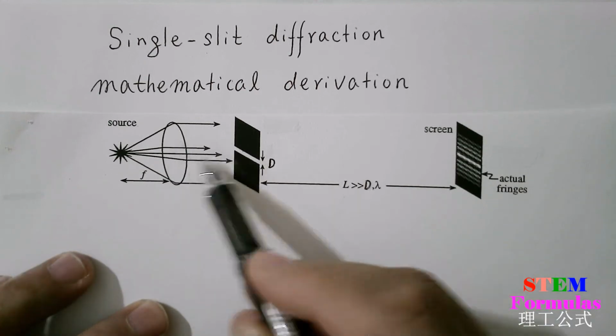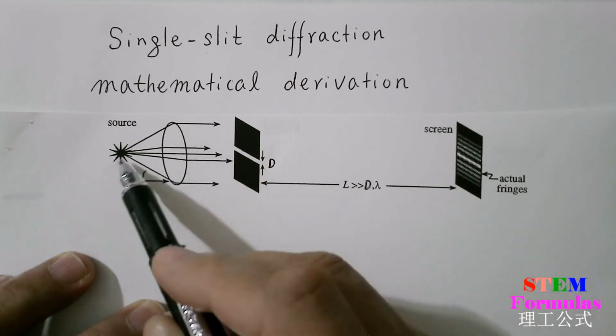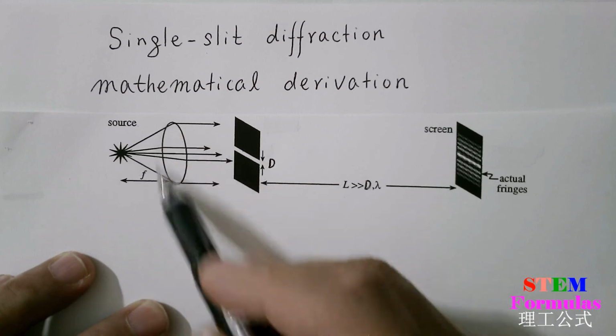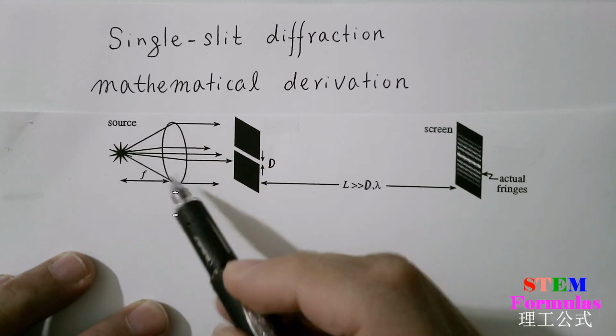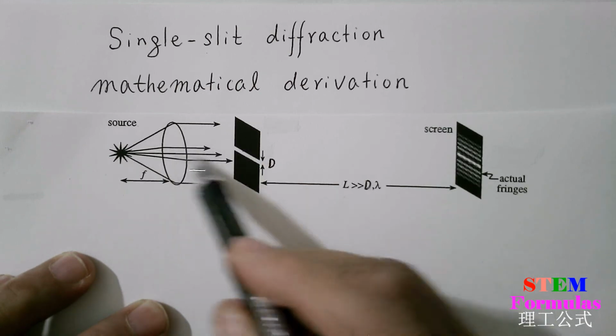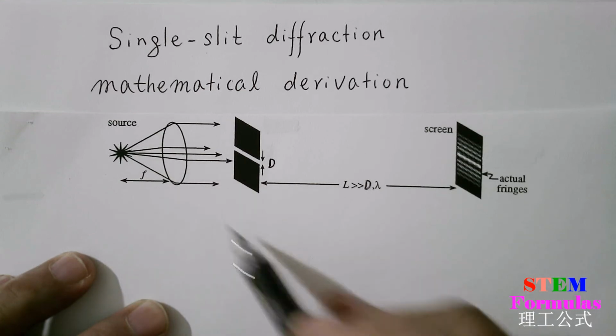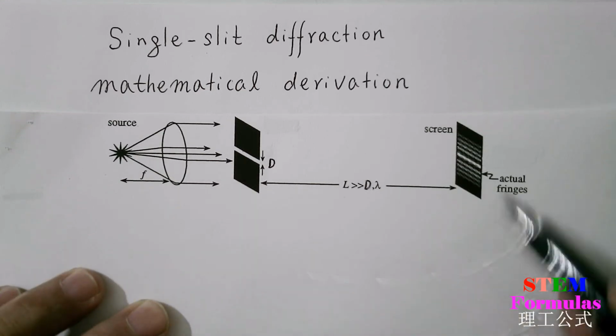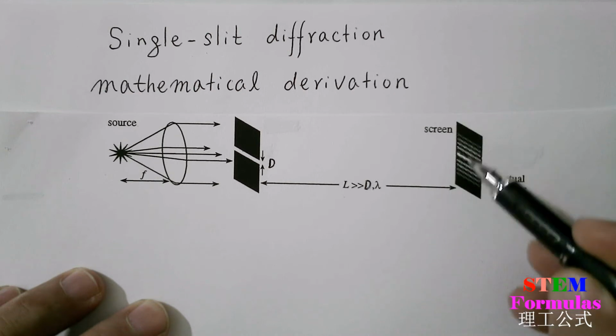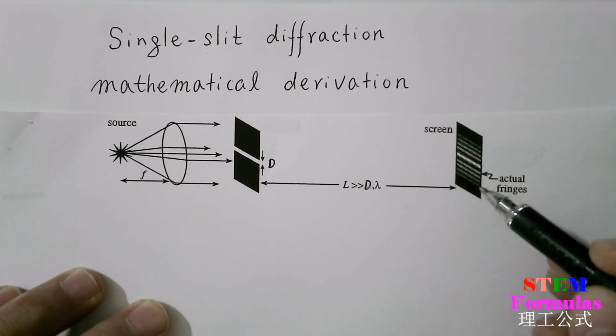The parallel beam can be obtained by a point source plus a lens, or you just use a laser beam. In the experiment, we will observe the fringes on the screen.